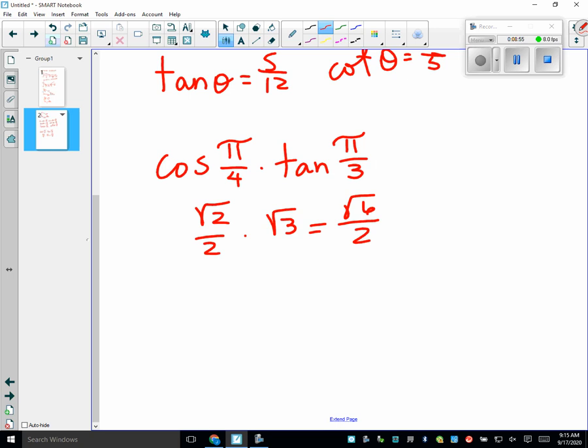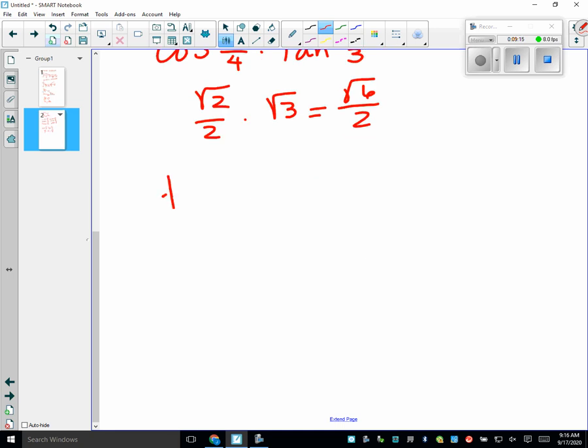All right, now, what if I ask you to approximate this to 4 decimal places? What does that mean? That means you need a calculator, right? Tangent of 28.2 degrees.